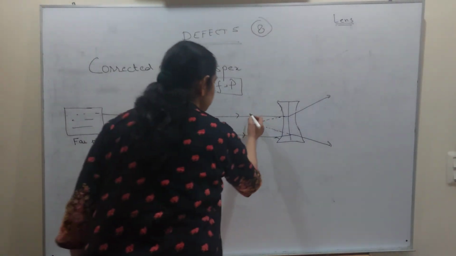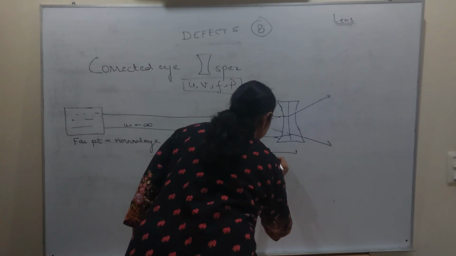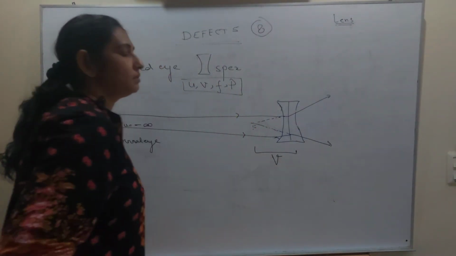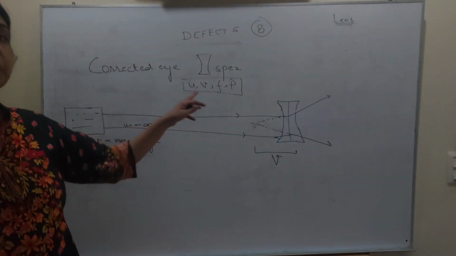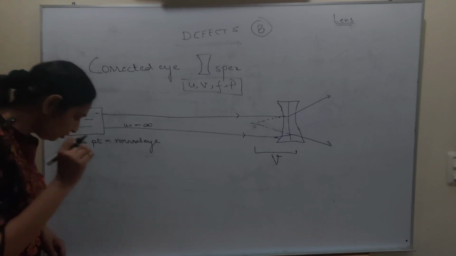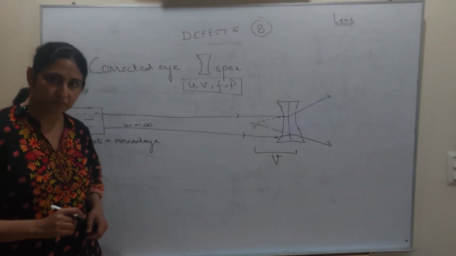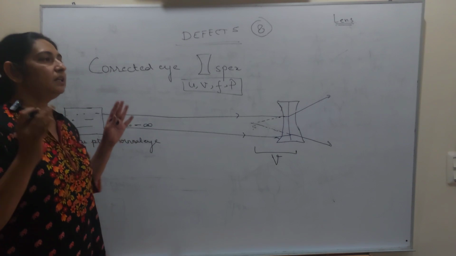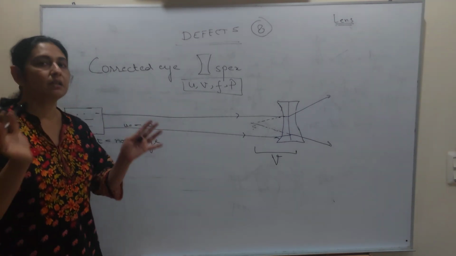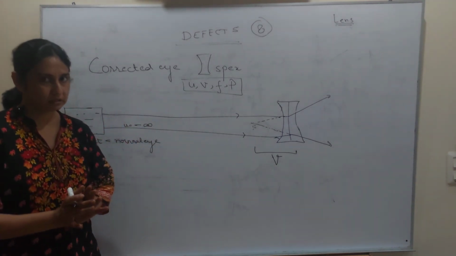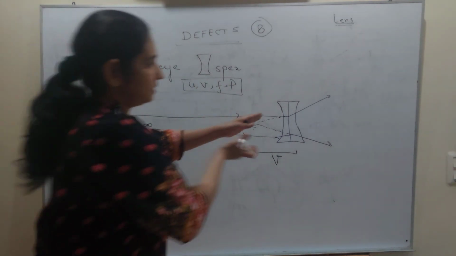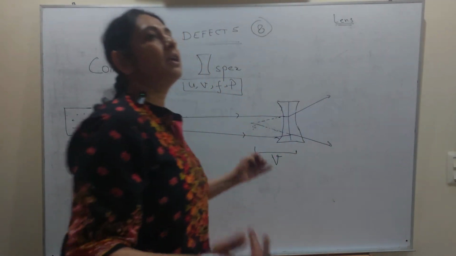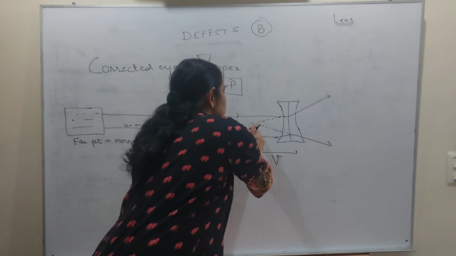Now what is this point? Isn't this v? Image यहाँ बनी ना, जहाँ पे मीट होती है या appear to meet होती है, वही तो image होती है. Image क्या होती है? जहाँ पे the refracted rays appear to meet. These are the refracted rays, they are appearing to meet here.